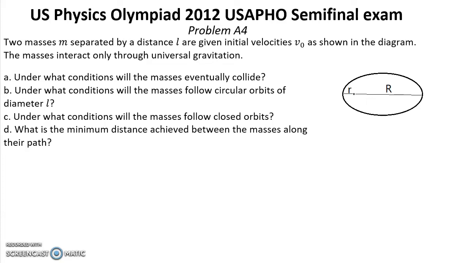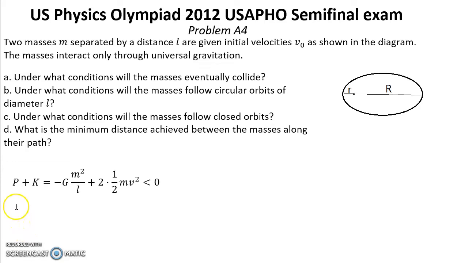It means that potential energy plus kinetic energy must be less than 0. If it's greater than 0, it means that at infinite distance we still have kinetic energy. Let's write this condition.